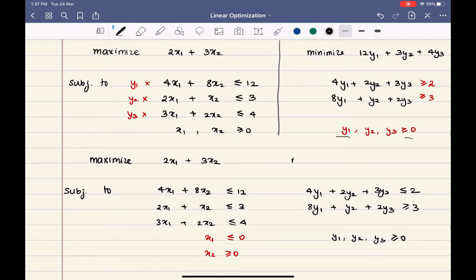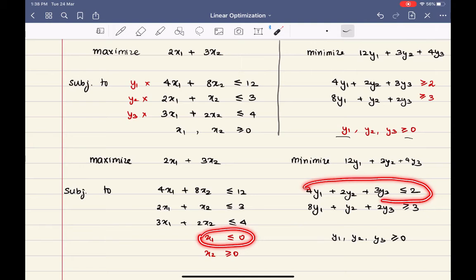And of course, the objective is the same: minimize 12y1 plus 3y2 plus 4y3. So note that when you have x1 negative, the corresponding constraint here becomes less than or equal to 2.